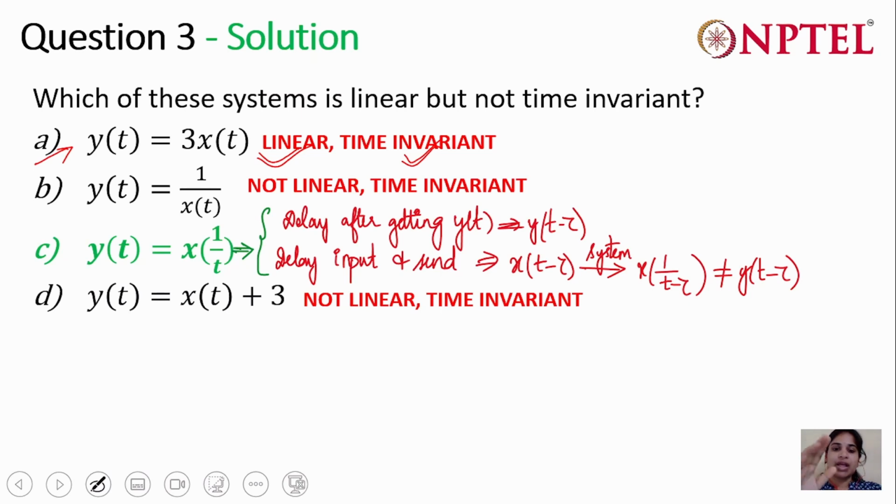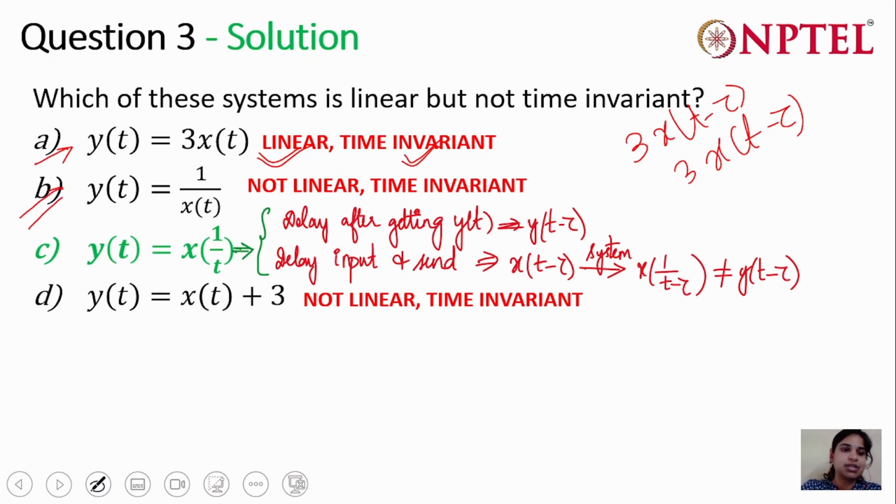That is, even if you directly delay the output, or if you delay the input and then give it, both of them are going to give you the same result. For example, if I am delaying the output directly, it is 3 into x of t minus tau. And if I delay the input and give it, my output is also going to be 3 into x of t minus tau. So they both will be the same.